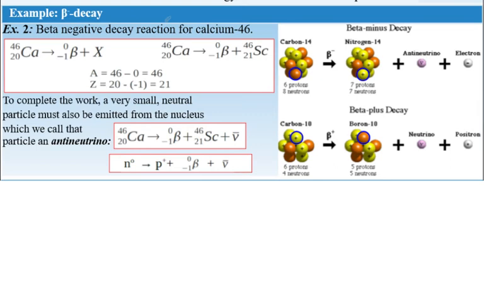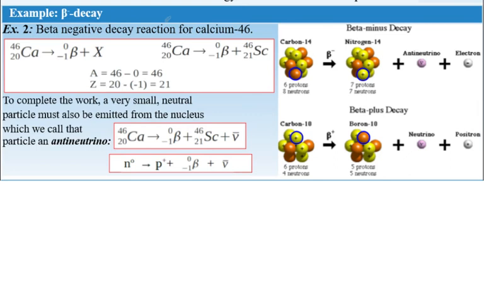And when a beta plus decay occurs, a positively charged electron or a positron is emitted, and the proton becomes a neutron, and the atomic mass is unchanged, but the atomic number decreases by 1.